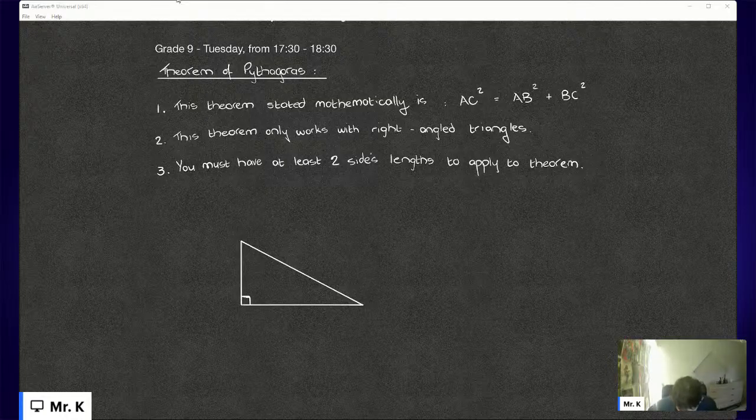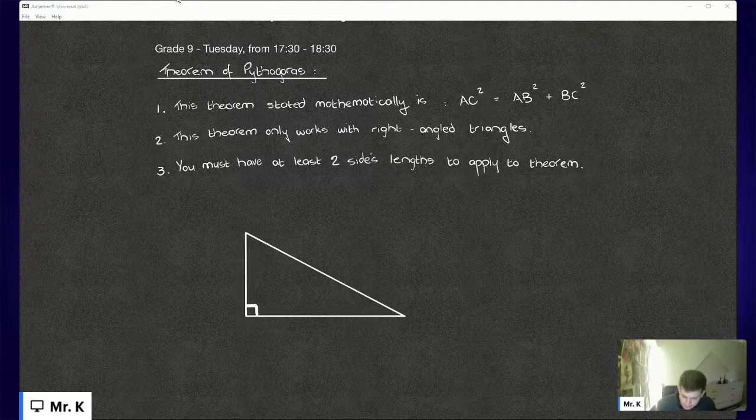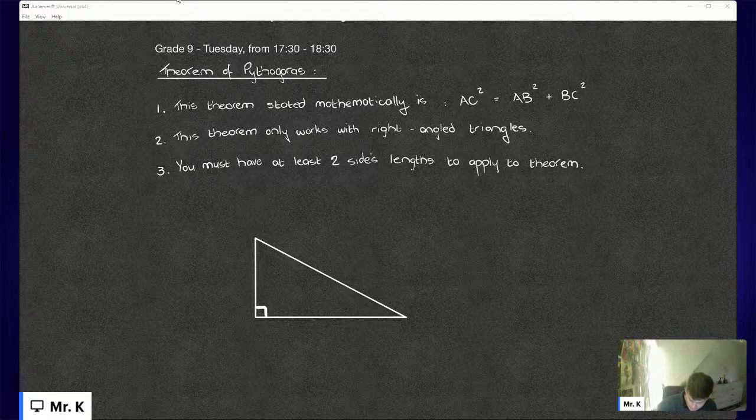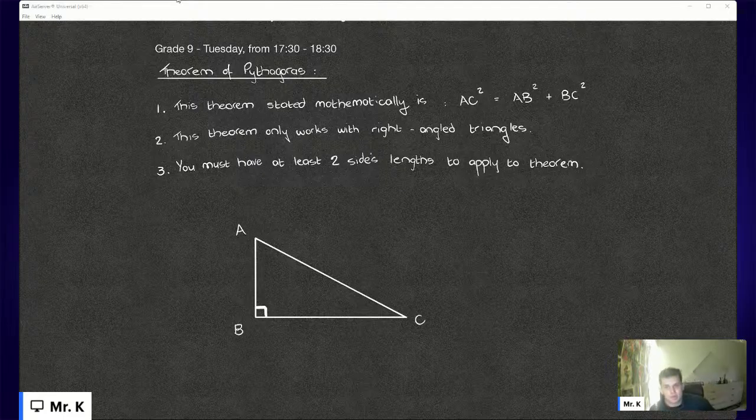If I have a right-angled triangle over here, every triangle will have three corners that will be labeled uniquely. So let's say, for the sake of this example, we picked A, B, and C. We're not very creative as mathematicians, guys.